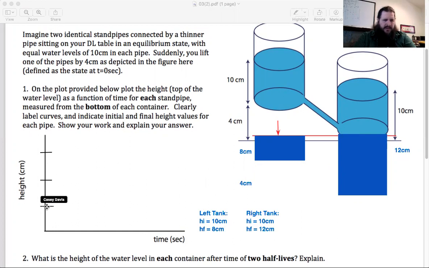We want those to be pretty close to equidistant. So 12, 10, 8. May as well make that to scale.